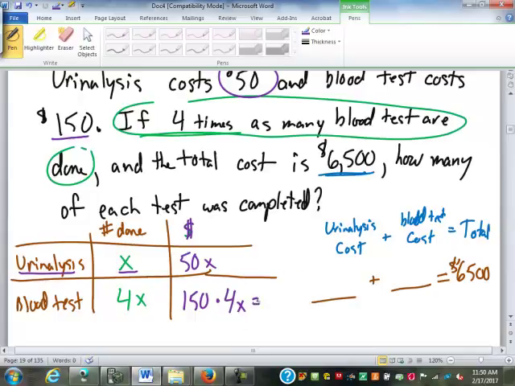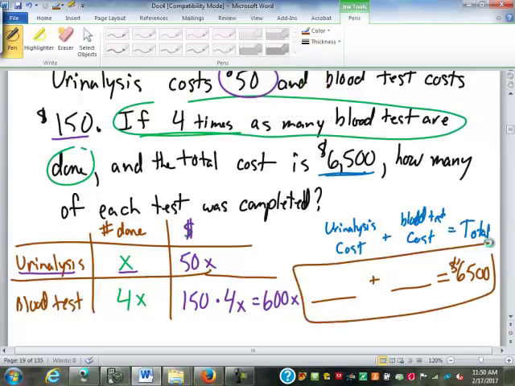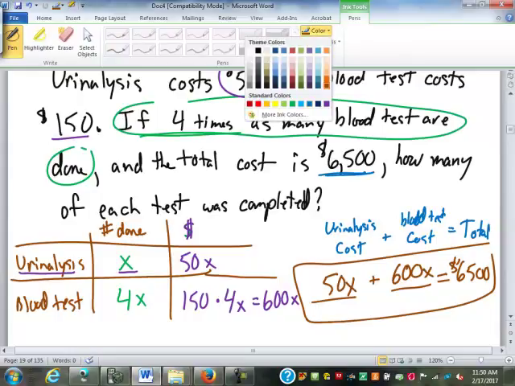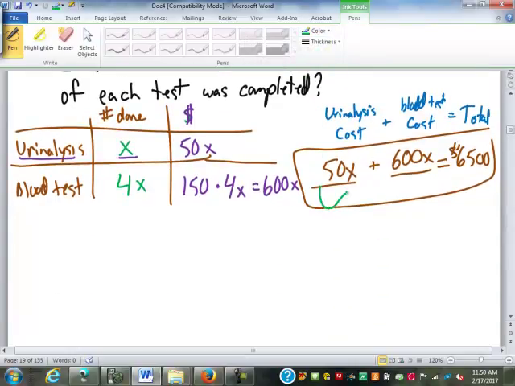So that's 150 times 4 is 600X. So now filling in our equation here, we have the 50X for the urinalysis plus the 600X is the total cost for the blood tests. So now we add 50X plus 600X is 650X equals 6,500, and we solve our equation by dividing by 650.